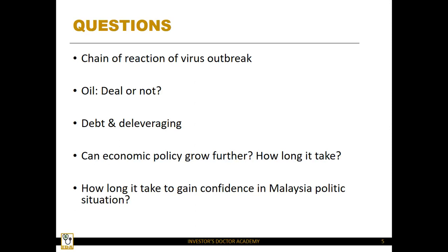For now you can buy things online, that's true, but we need to compare online spending versus normal spending, which will be different. Will online spending be able to cover all the business lockdown and so on?